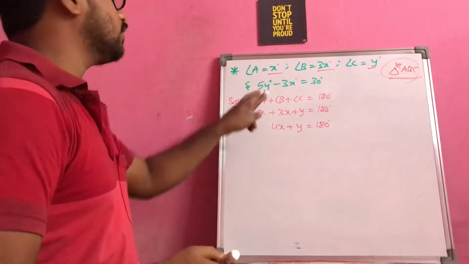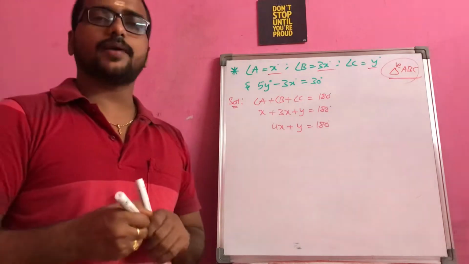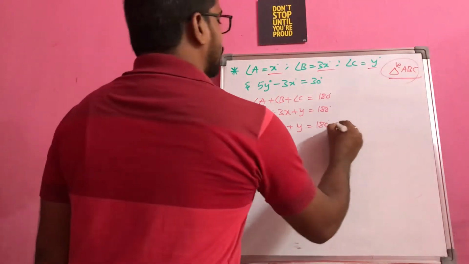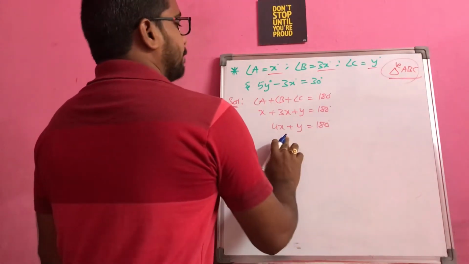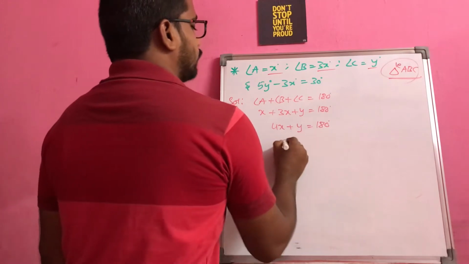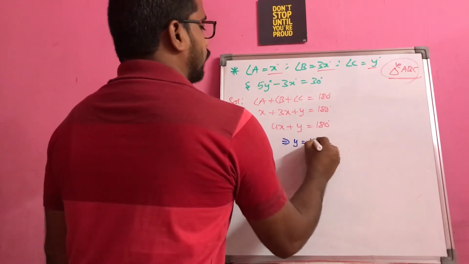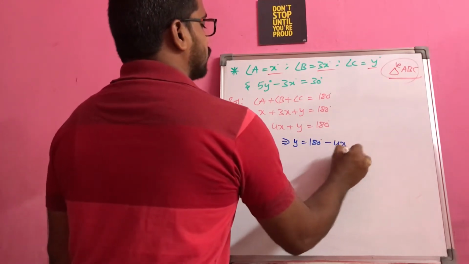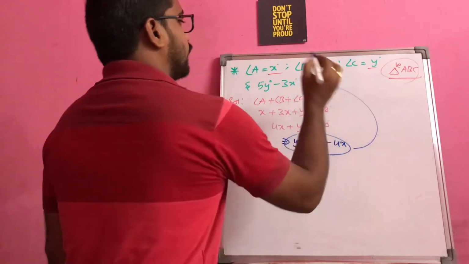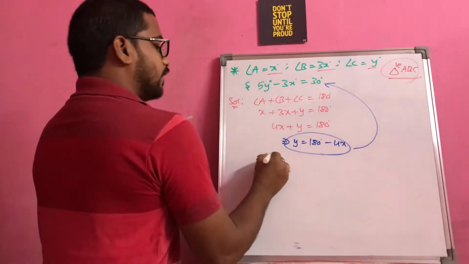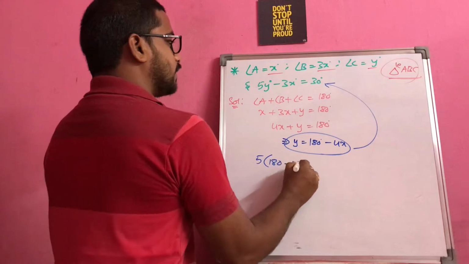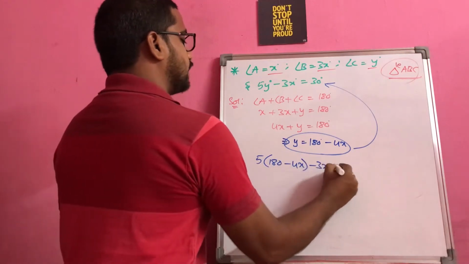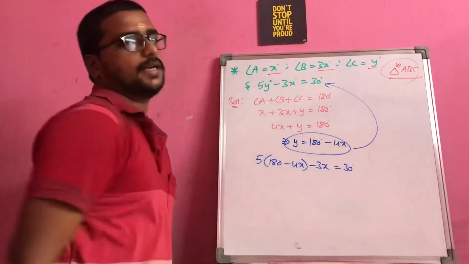Obviously, next continuation we are having one more equation, 5y minus 3x. So from this I can get the value of y as 180 degrees minus 4x. So I am going to substitute this value in this equation. I will get 5 into 180 minus 4x minus 3x is equal to 30 degree.